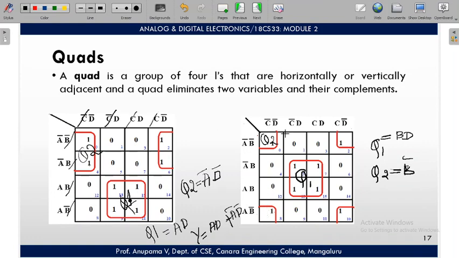I can see the variable C changing its form from C bar to C, so it gets eliminated. D bar remains. So the final term we receive from quad 2 is B bar D bar. So the resultant simplified equation is BD plus B bar D bar.